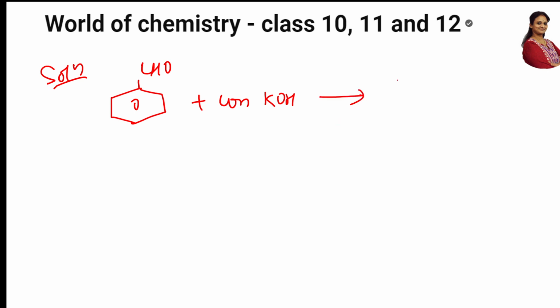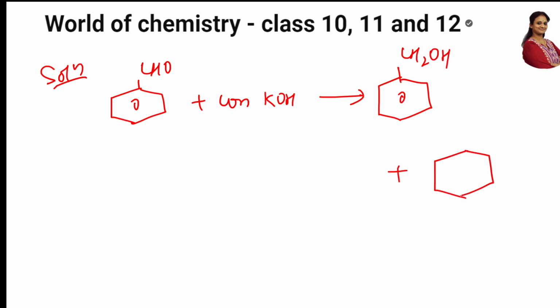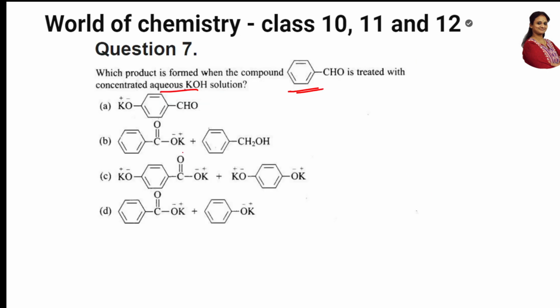One molecule of aldehyde is reduced and gets converted to the alcohol part, and the other is oxidized and gets converted to the salt of the acid. So this is your COOK and this is the alcohol.